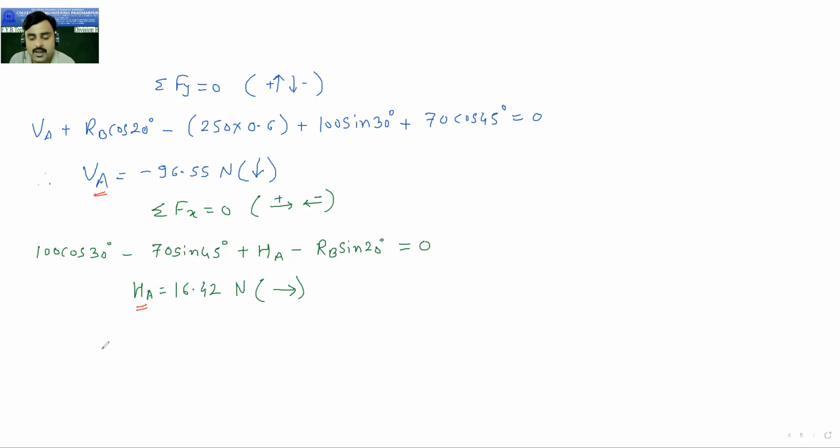So find out RA. The resultant reaction at A, RA, is equal to the square root of HA square plus VA square, which is equal to the square root of 16.42 square plus minus 96.55 square.